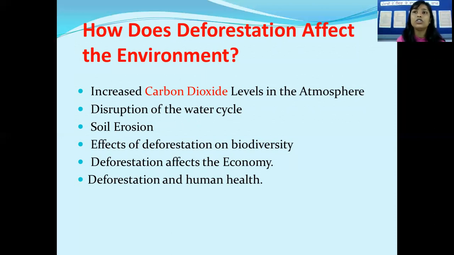And a lot of animals have their habitat and their niche in the forest. So when these forests are cut down, the habitat and the niche of several microorganisms are disrupted. And when the niche and habitat of several microorganisms are disrupted, obviously it is affecting the biodiversity.